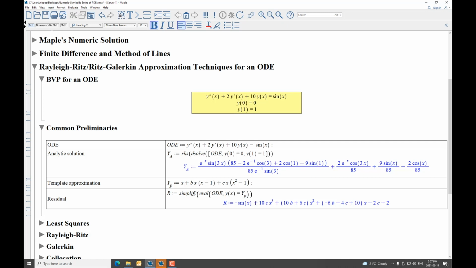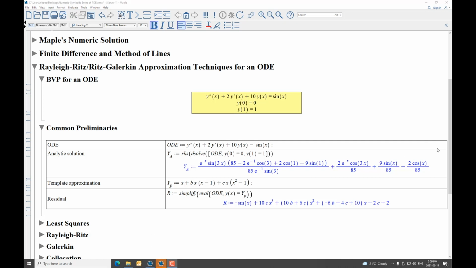If that returned 0, you would have guessed the right solution. But the fact that it didn't return 0 means you have a residual. And the closer you can get that residual to be the 0 function, the better your guess was. So you have two parameters, b and c, in this residual that you can manipulate in order to get the residual as close to 0 as you can.